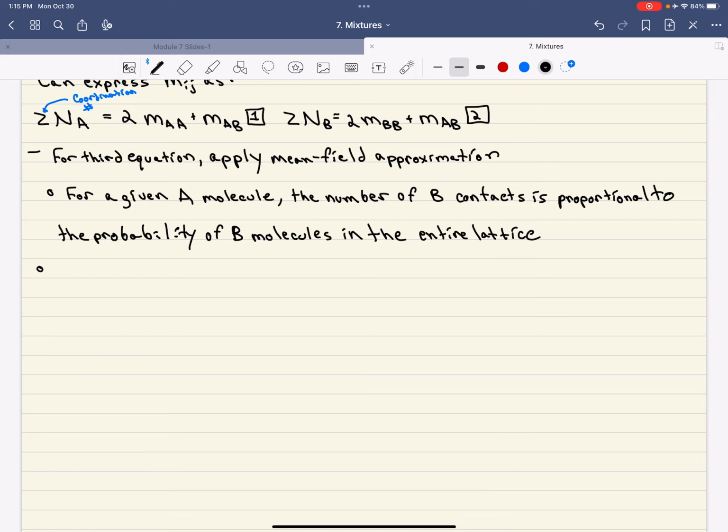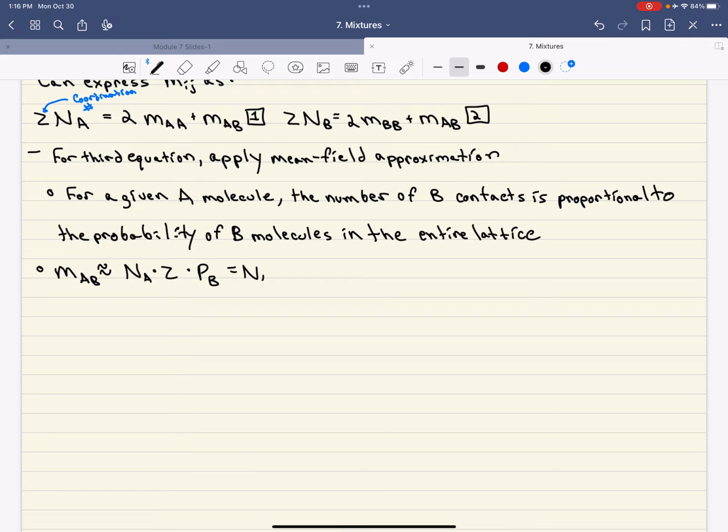In math, we'll just say that MAB is approximately equal to our number of A bonds times Z, which gives us the number of bonds that A is able to form. It's multiplied by the probability of a B molecule in our system.